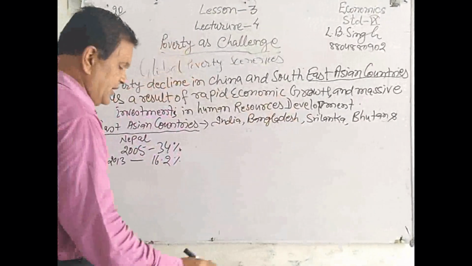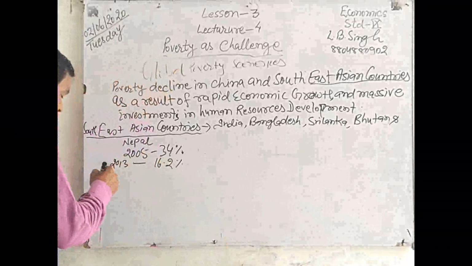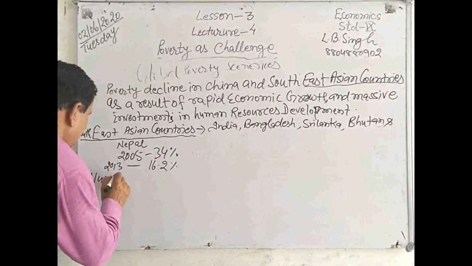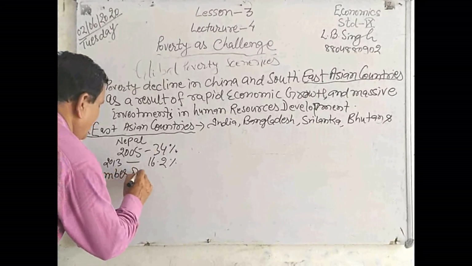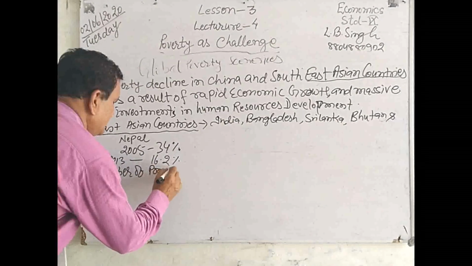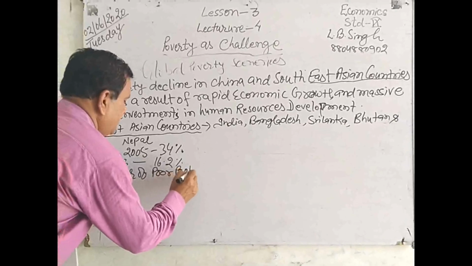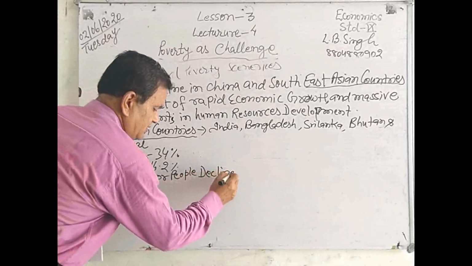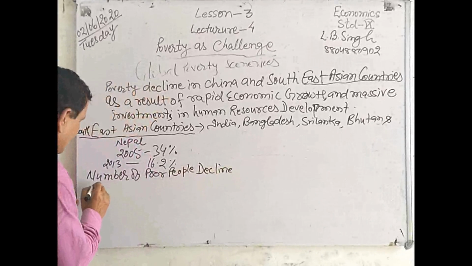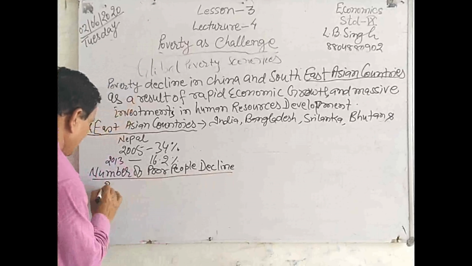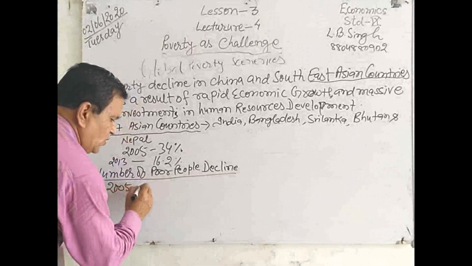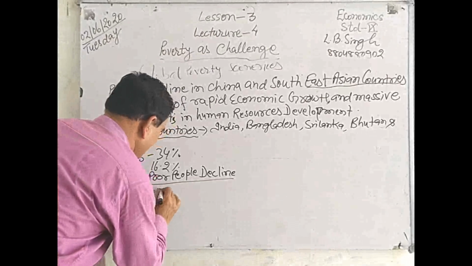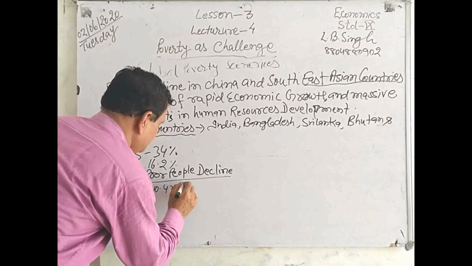The number of poor people declined according to the data. So according to 2005 there were 510.4 million people.